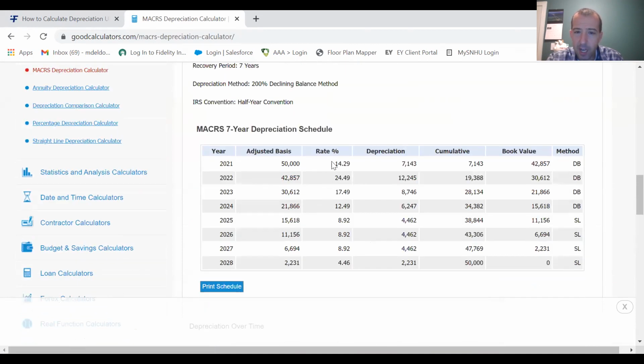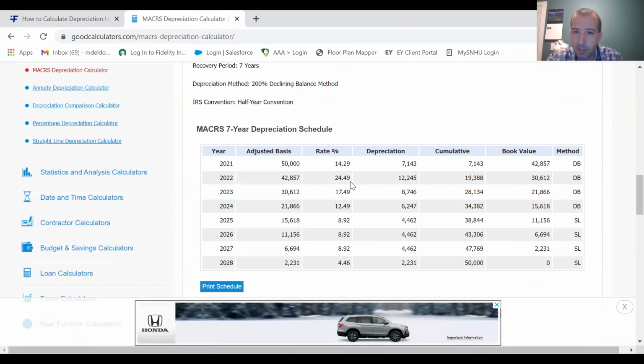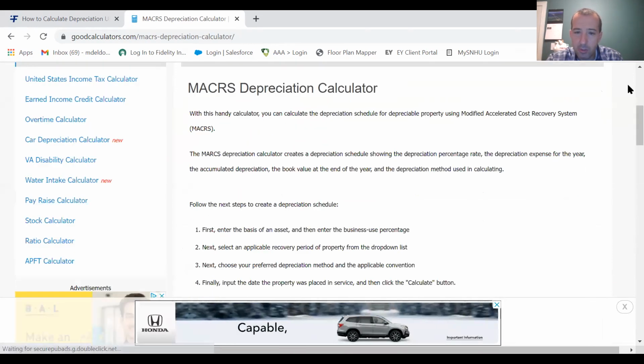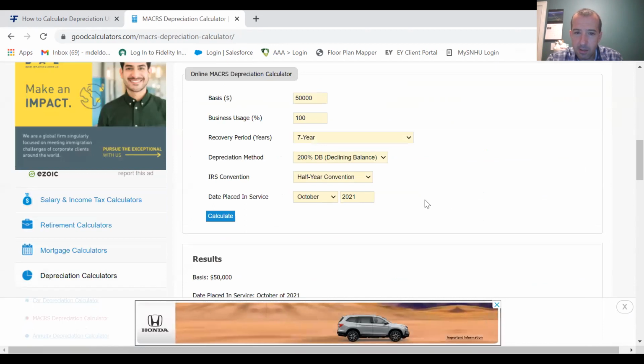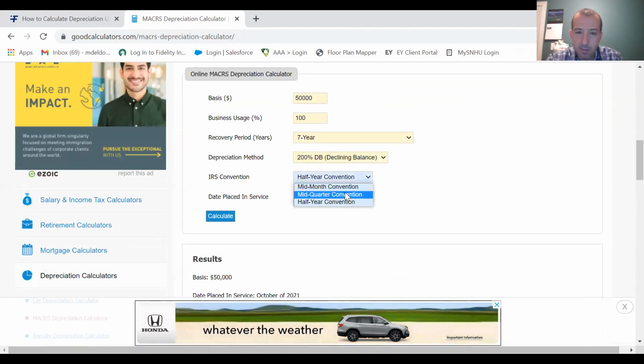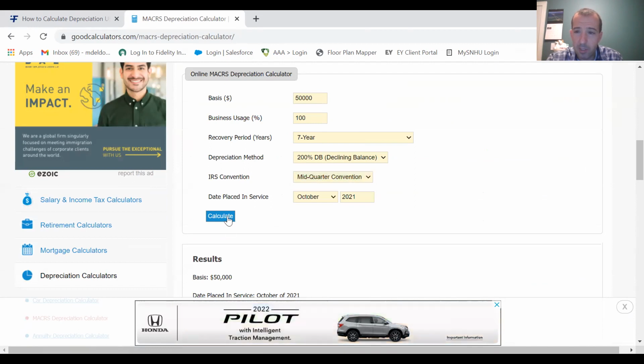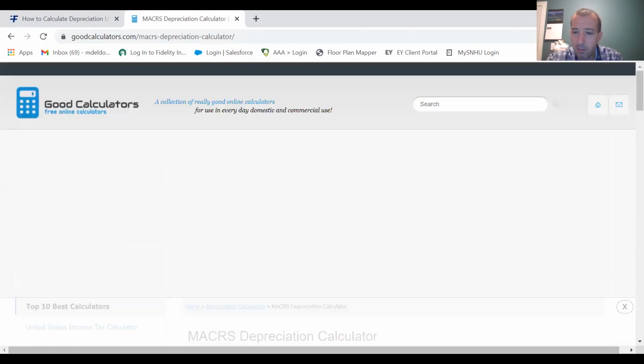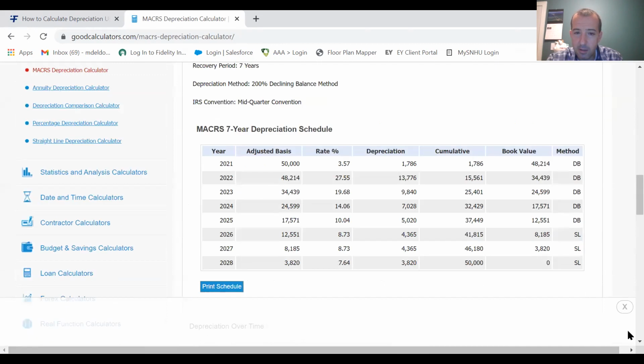We can see the higher numbers, the 14% in year one, and then it goes down a little bit in year two to 24%. We need to switch to the mid-quarter convention because that's the rule. And when we do that, we have less depreciation in year one.